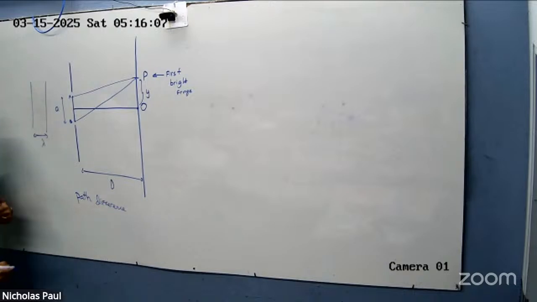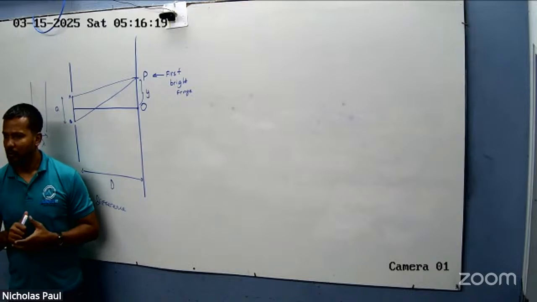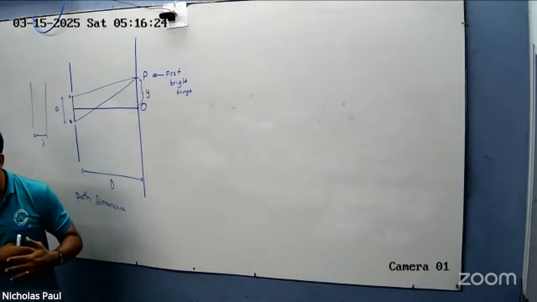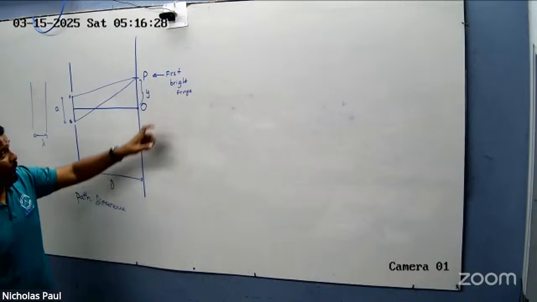And here's the nice thing about the path difference. You all might remember phase difference. What does in phase mean? Crest meeting. When waves are in phase, they undergo constructive interference and produce a bright fringe.